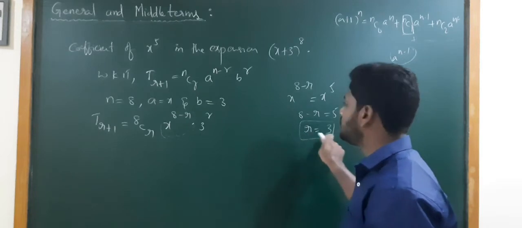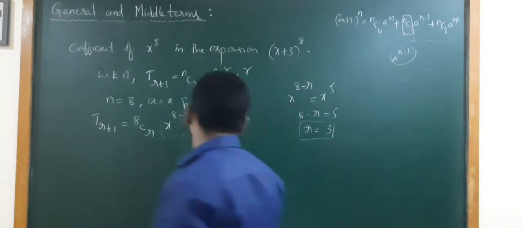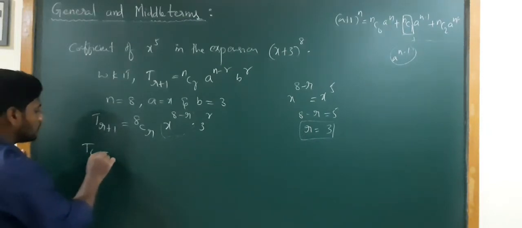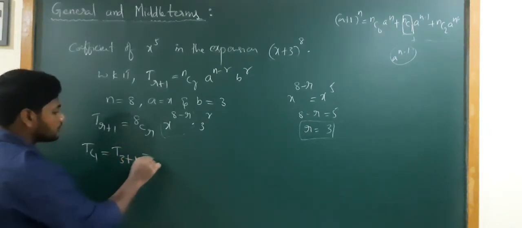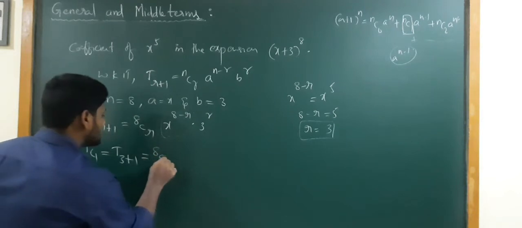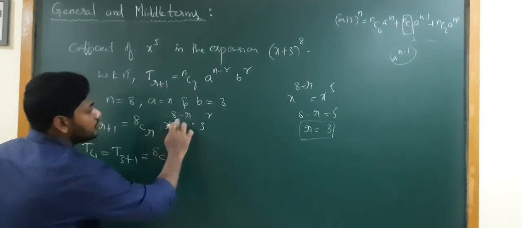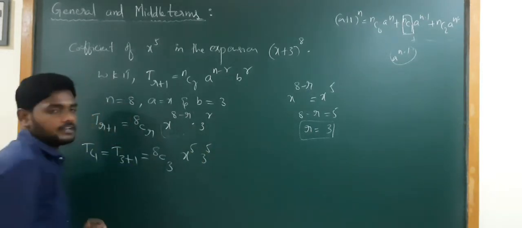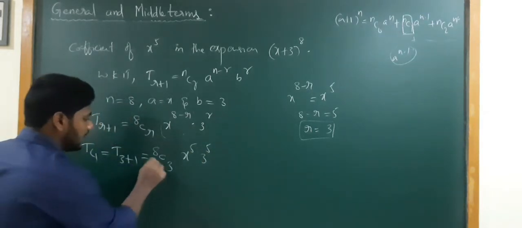That means when r is equal to 3, we will get the coefficient of x power 5. If r is equal to 3, which term do we need to find? T4. What is T4? T(3 plus 1), which is 8C3 x to the power of 8 minus 3, nothing but x to the power of 5, into 3 to the power of 5. Now we need to find the 8C3 value.